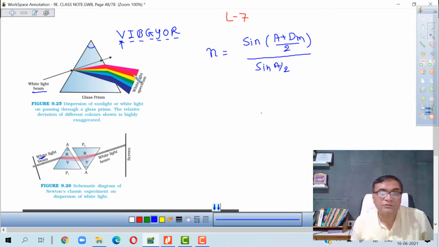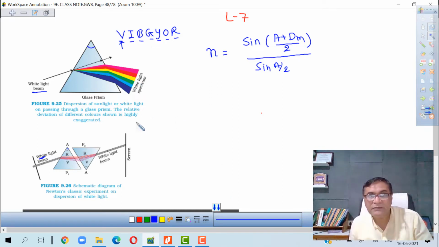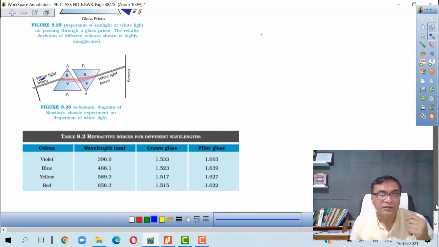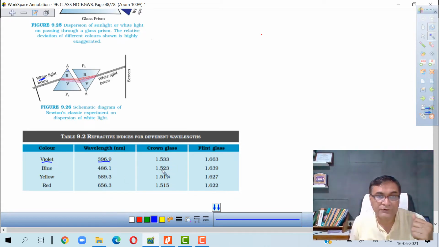How much separation you can find depends on the refractive index. Why do we get different colors? The answer is in this table. For violet color the wavelength is 396.9 nanometer and the refractive index is 1.53. For blue color it is 1.523 and for red it is minimum, 1.515.